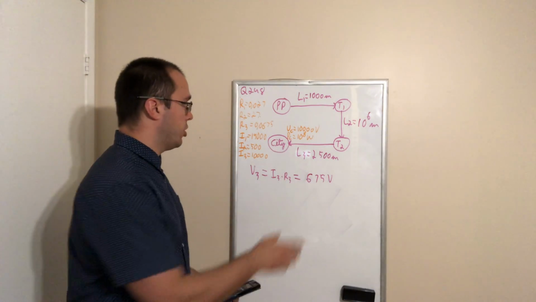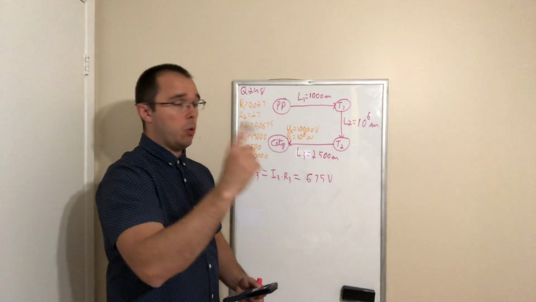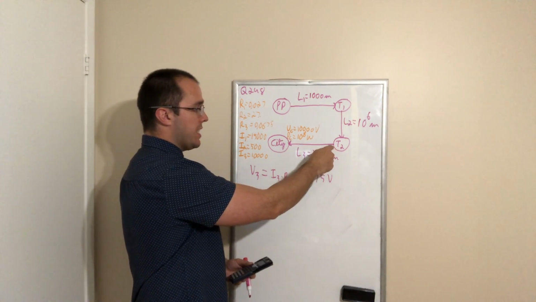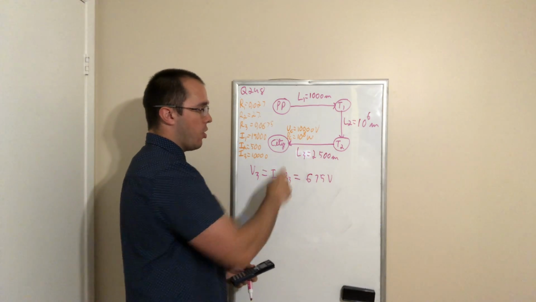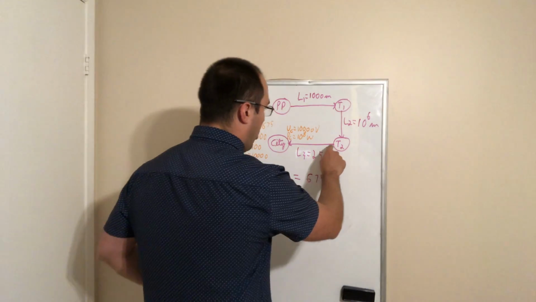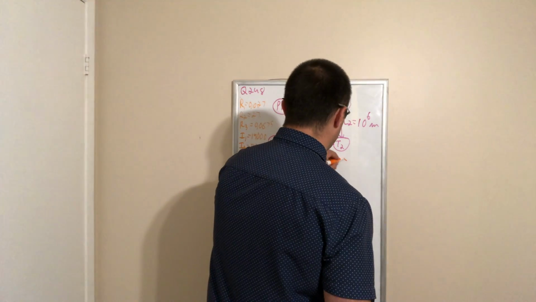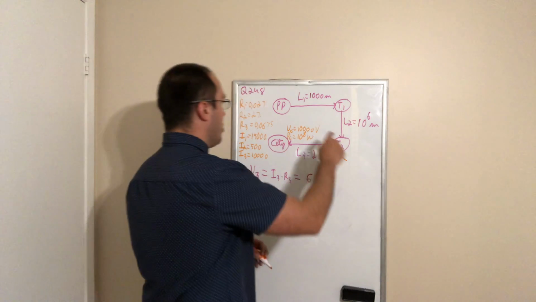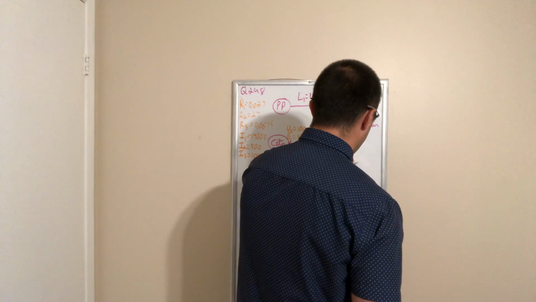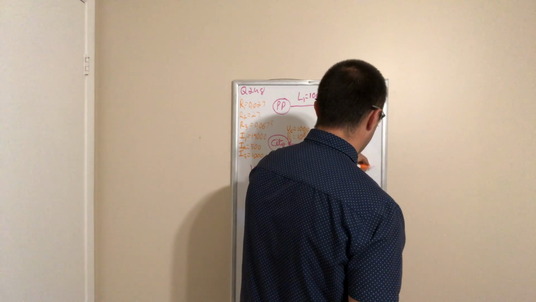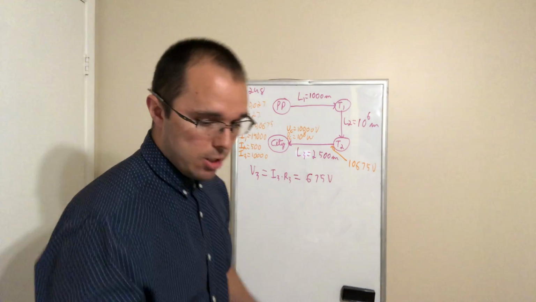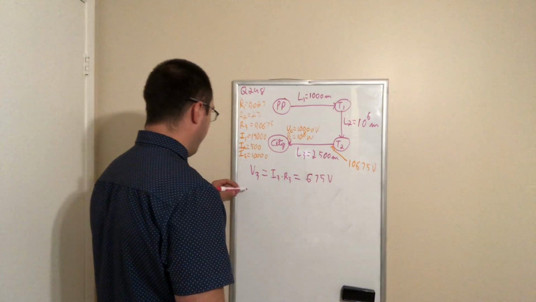That's the voltage drop between these two points. Note, the current is going in that direction, so the voltage is higher here than it is here. That means the voltage here at the beginning of the wire has to be equal to 10,000 volt plus 675, so it is 10,675 volt.